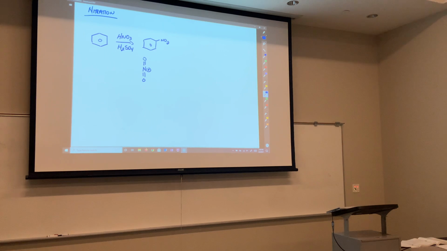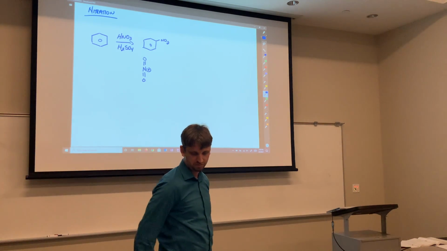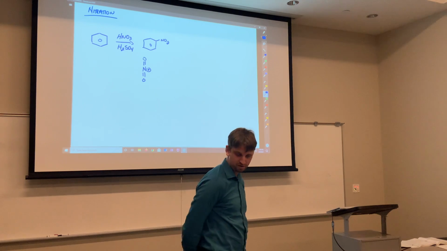Start by drawing out Lewis structures for nitric and sulfuric acid. Draw the right Lewis structure. Good. Where are your positive and negative charges?